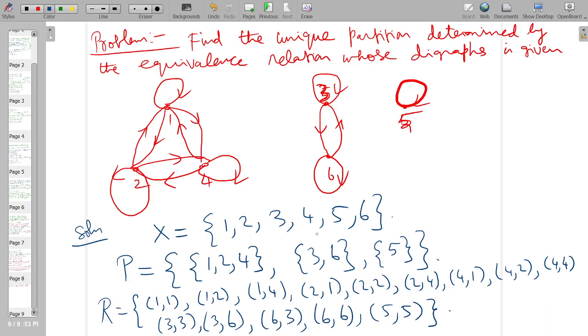So here all these three can be interpreted from the other. Suppose if I take the set x along with the relation, I can find the partition. Suppose if you are given the partition, you can find the equivalence relation. From the relation you can construct the graph. From the graph you can get the relation.